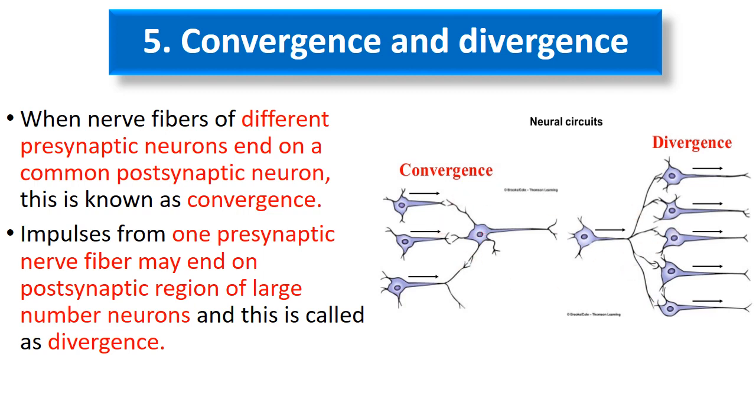Many neurons are converging towards a common postsynaptic neuron, and this property is known as convergence. The other is divergence, in which the impulse from one presynaptic nerve fiber ends on a large number of postsynaptic neurons. This phenomenon is known as divergence. The impulse is diverged from one neuron to multiple postsynaptic neurons.